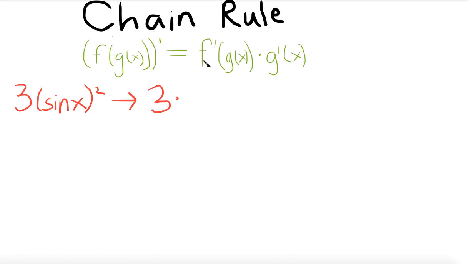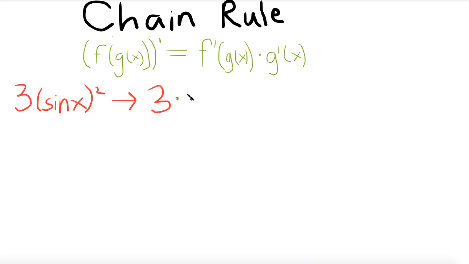so f prime. Our outer function here is this exponent of 2. So in sine of x squared, the squared part is the outer function.